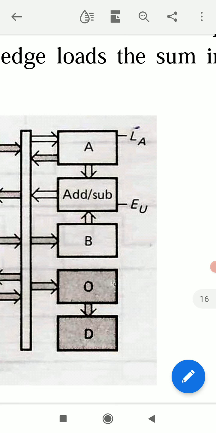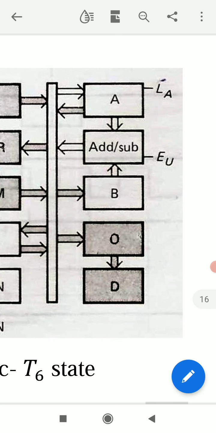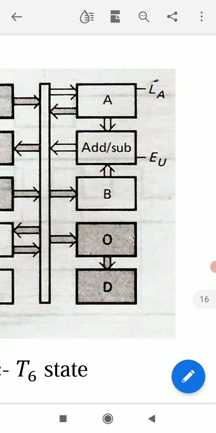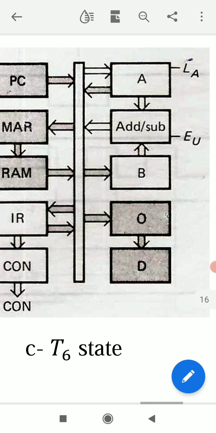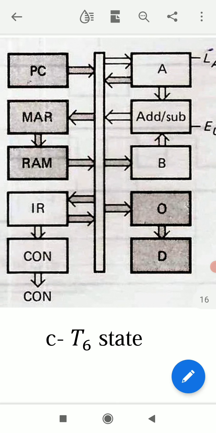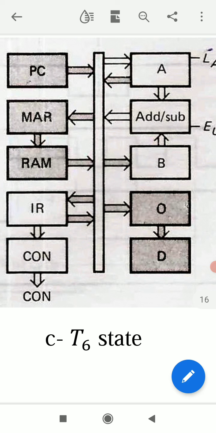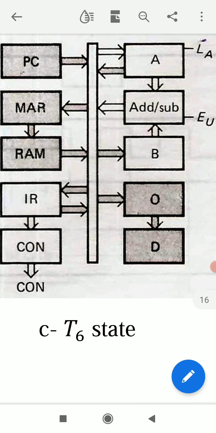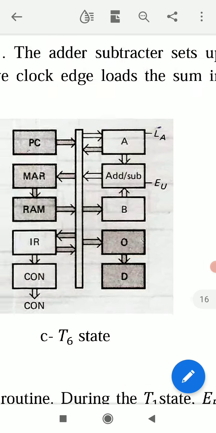So during this T6 state of add routine, EU and LA bar must be active, so that the content of adder subtractor goes to accumulator A. Active parts in this state are IR, CON and A and B register and adder subtractor. Active bits are LA bar and EU.